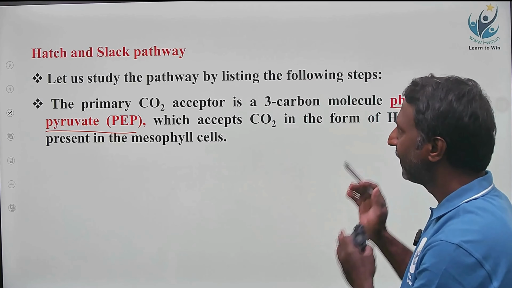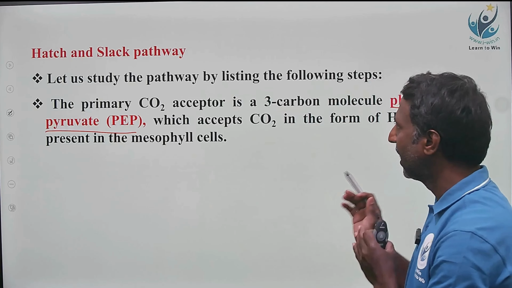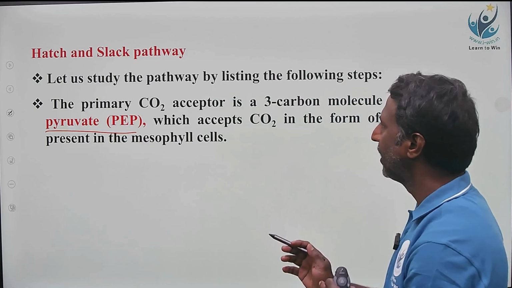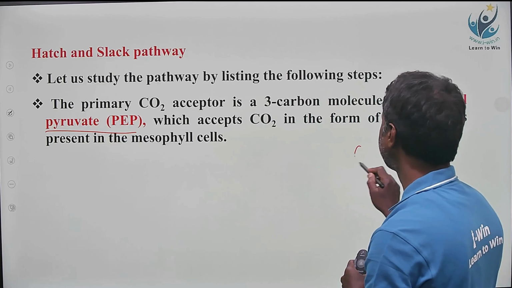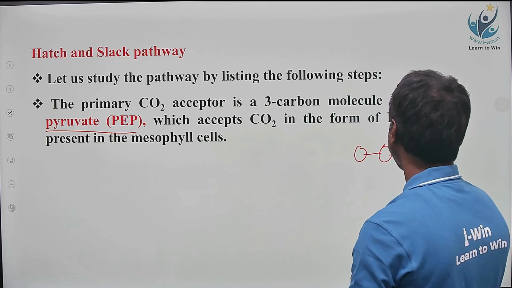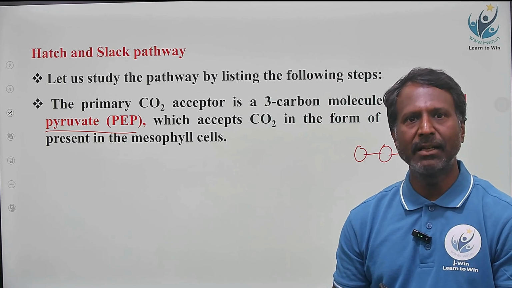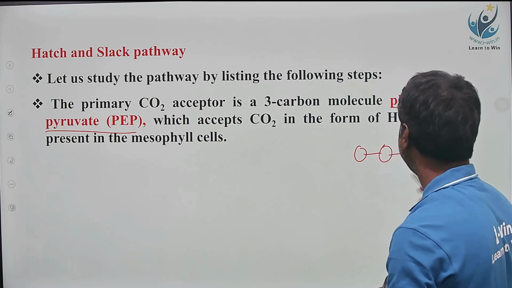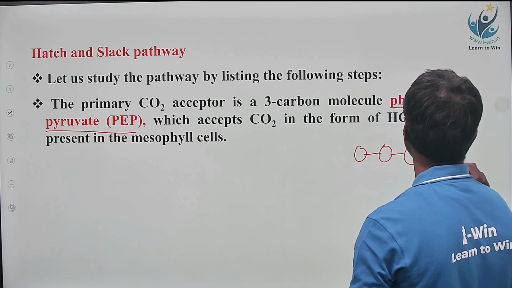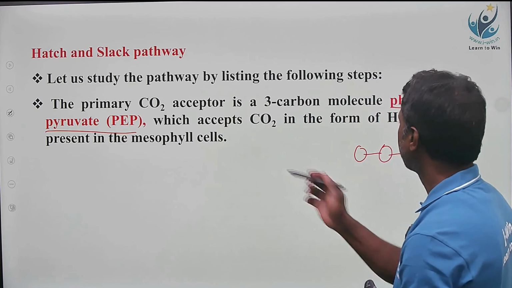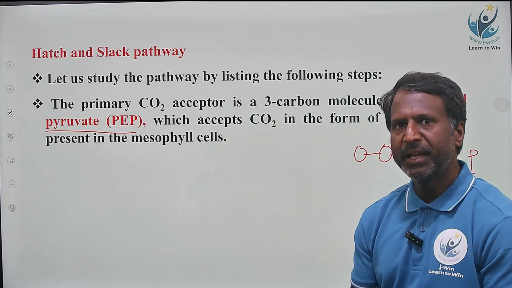In this, the first CO2 acceptor is PEP, that means phosphoenol pyruvate. So the primary CO2 acceptor in the C4 plant is phosphoenol pyruvic acid or pyruvate. Shortly we call it PEP.